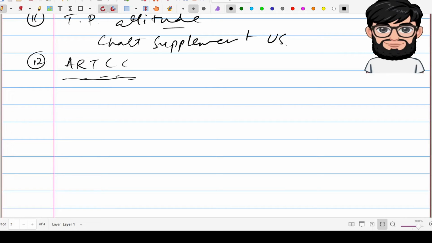As the name suggests, they are the traffic control center, and they give you the separation. They have radar services. They can detect and display an aircraft's position while en route between the terminal areas.